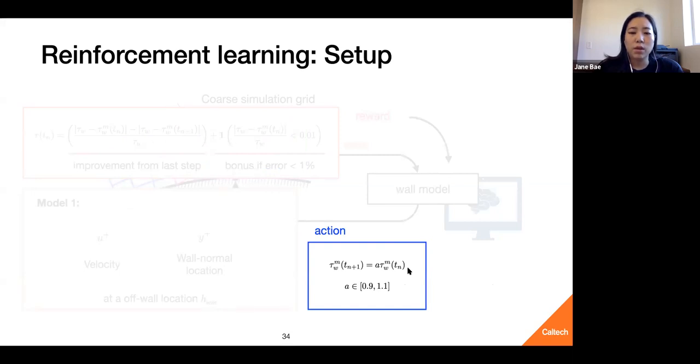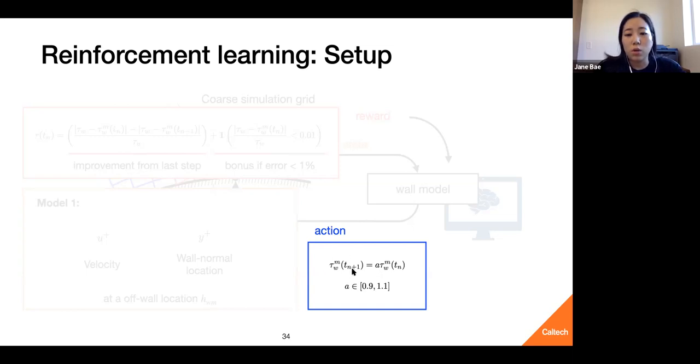But the problem with that is the wall shear stress is dependent on Reynolds number. If you train on a certain range of Reynolds numbers, you might not be able to obtain results that are outside that region. So I wanted it to be more of a control algorithm, which is why the action A is a constant factor that will either increase or decrease the wall stress compared to the last time step.